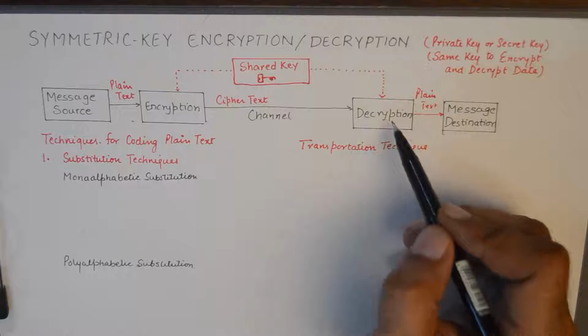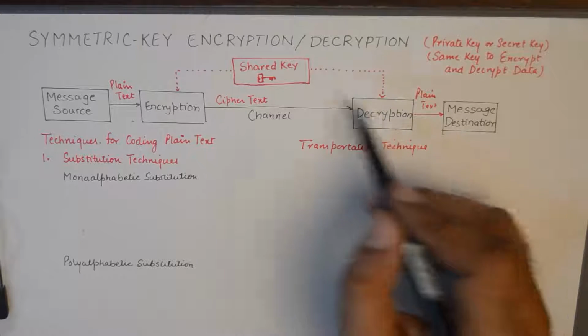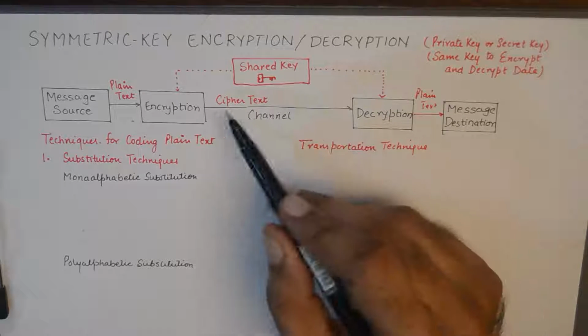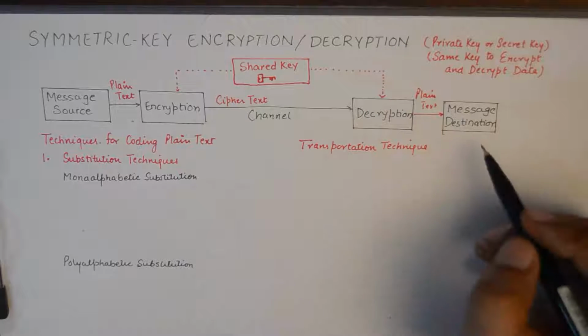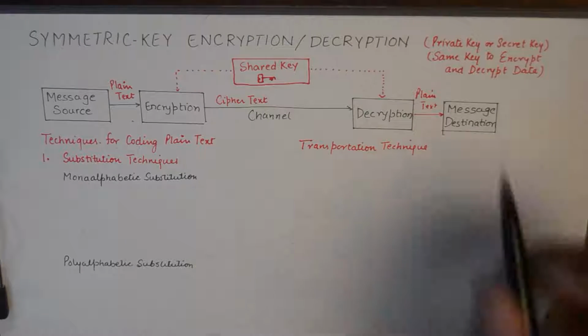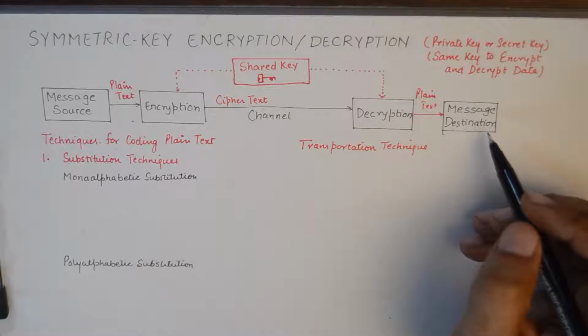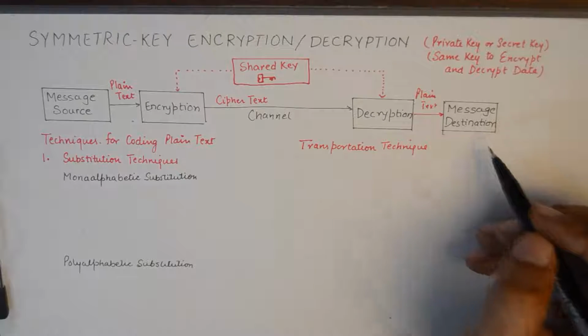At the receiver end, it is decrypted using the same shared key which was used in the encryption process, and then you get the plain text message at the end user point.